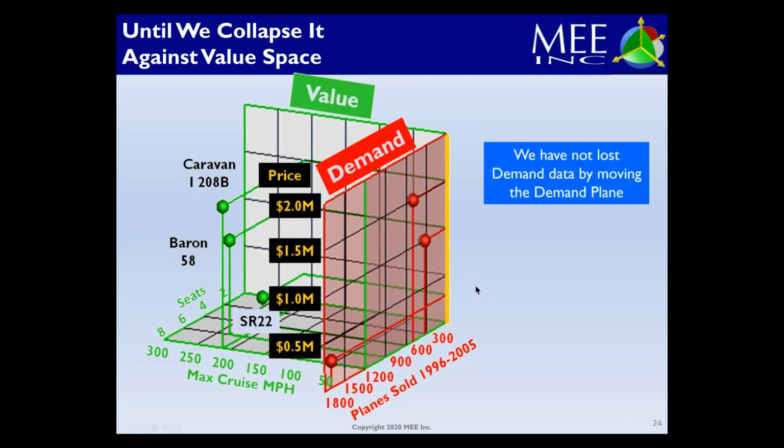By doing that, we've not lost the demand data. We still have the horizontal component and the vertical component of the demand data, much like a poster or a page in the book. And so now, for those of you keeping up, we've managed to pull up another 90 degrees worth of arc. Now we can put in another couple of markets if we needed to.